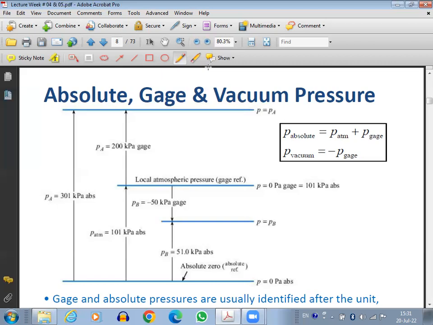Now, if I want to reduce the pressure, what do I have to do? One by one, I remove the molecules of air from the container. So fewer molecules means less pressure. I keep on removing the air molecules from the container.